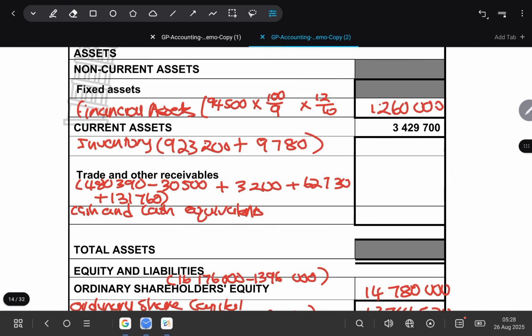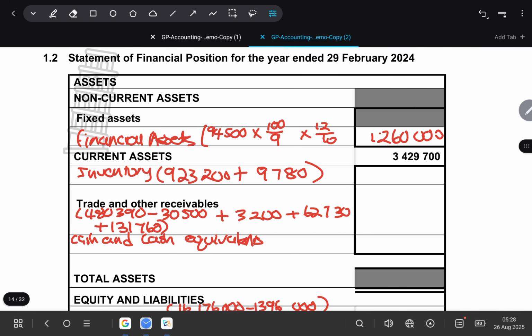We need to close up our inventory. So let's start with our inventory. Our inventory says 923,200 plus 9,780. It gives us 933,000.